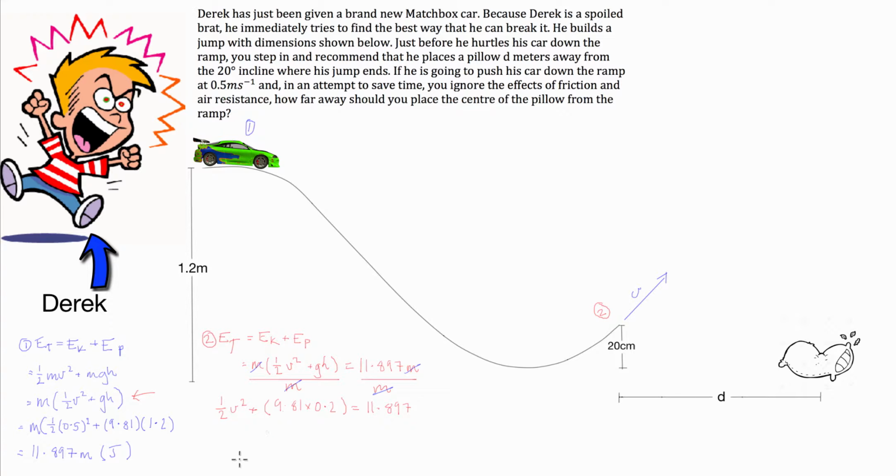So what we can then do is, let's just rearrange this, and v is going to have to be equal to the square root of 2 times 11.897 subtract 1.962.